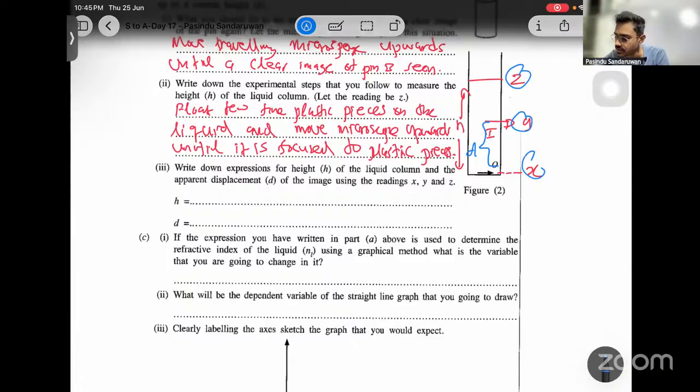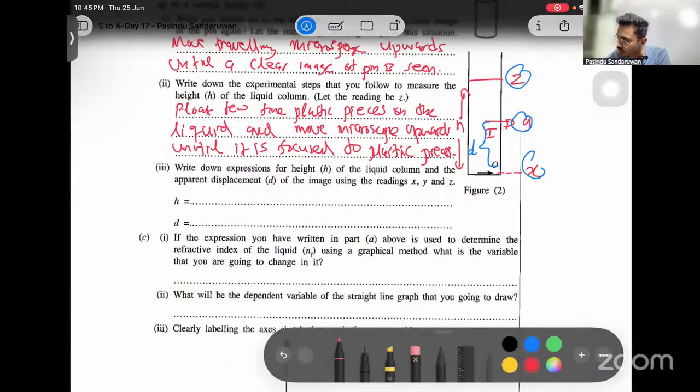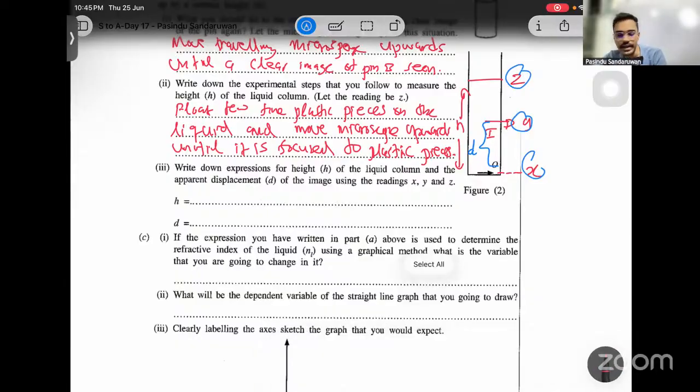When they are marked in a diagram like this, we can easily see what's happening. Then h is given by z minus x, and the apparent displacement is given by y minus x. Very simple. Z minus x and y minus x. So likewise, mark it on a diagram, then it makes more sense.